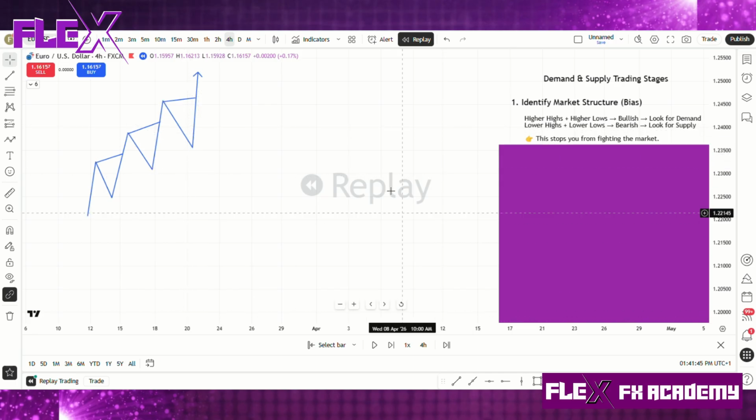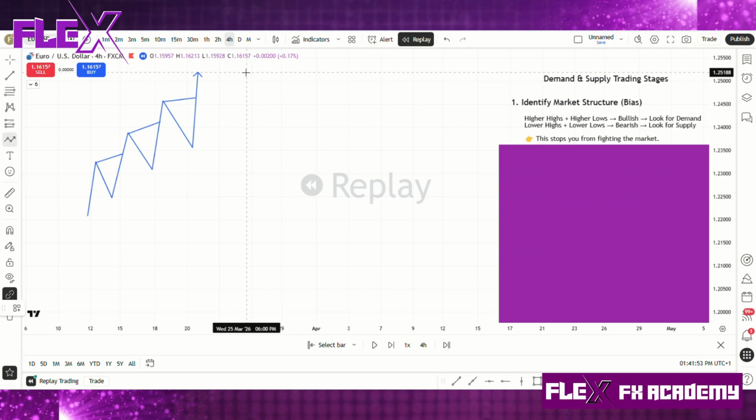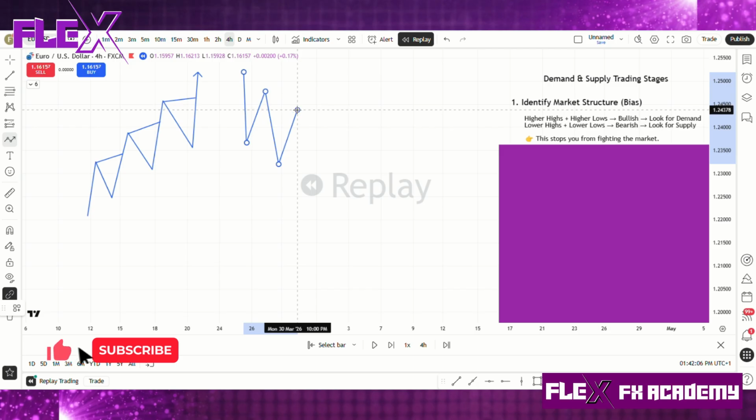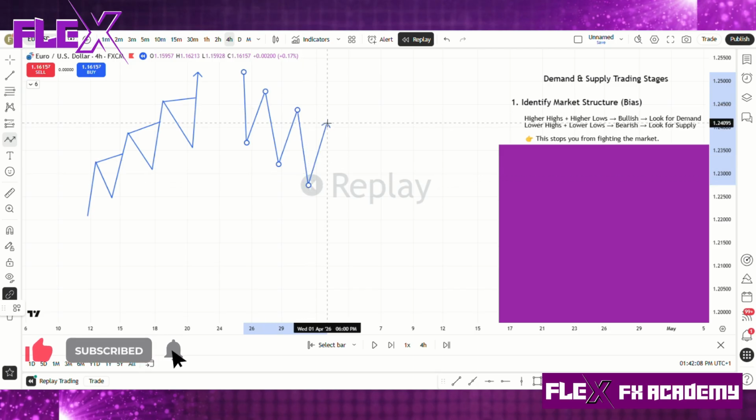Now we are also looking for a bearish market. For a bearish market, what you should be hoping to see is the market going this way, lower high again here, lower low, lower high, and lower low.